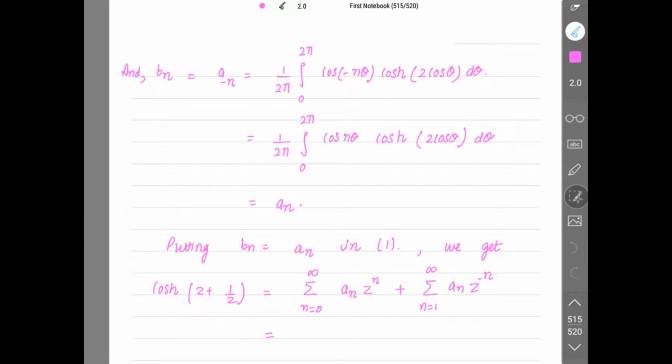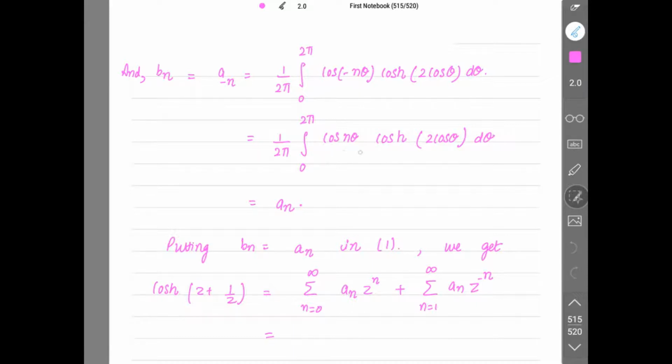Now what for bn? bn is a minus n. So this is equal to 1 over 2 pi, 0 to 2 pi, put minus n in place of n. Cos of minus n theta cos hyperbolic (2 cos theta) d theta, which is equal to 1 over 2 pi integral 0 to 2 pi. Now cos of minus theta is cos theta.